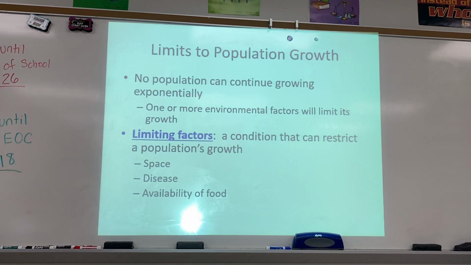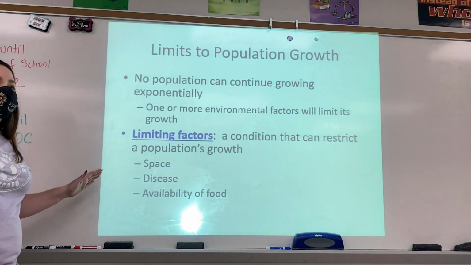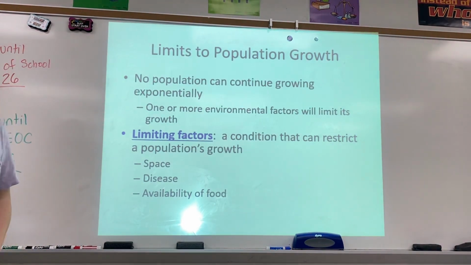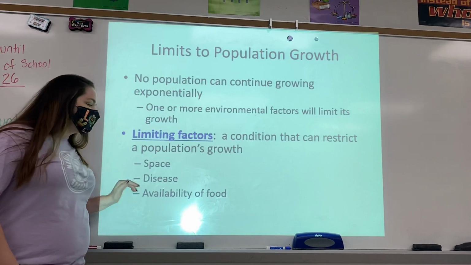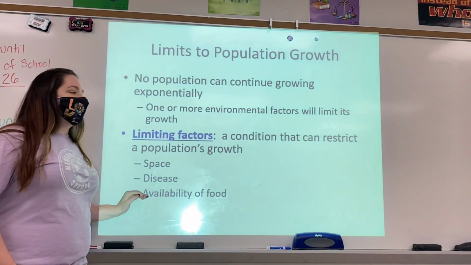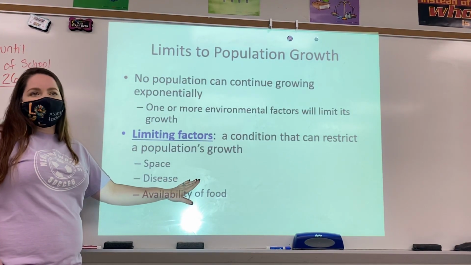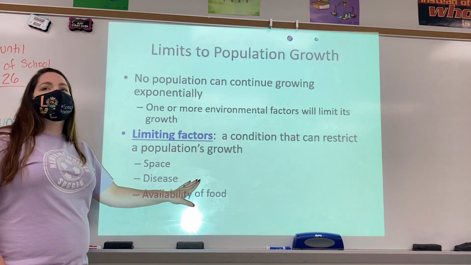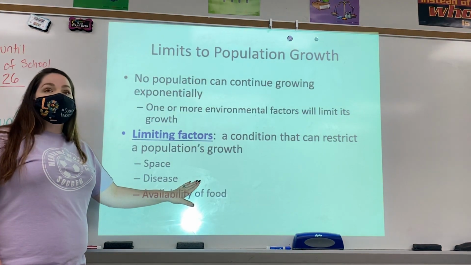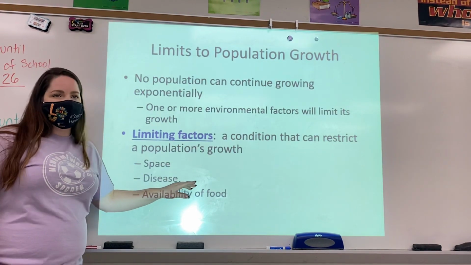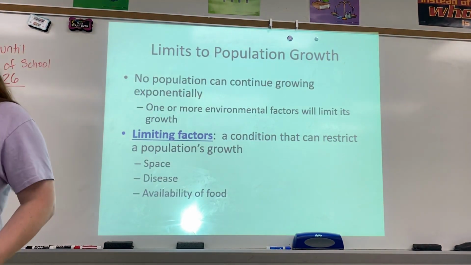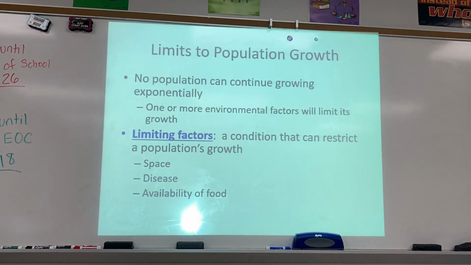So what things are going to limit or control your population growth? Those are space, disease, availability of food, and then I would also add on to your notes the predators. The presence of predators is always going to affect your population growth.